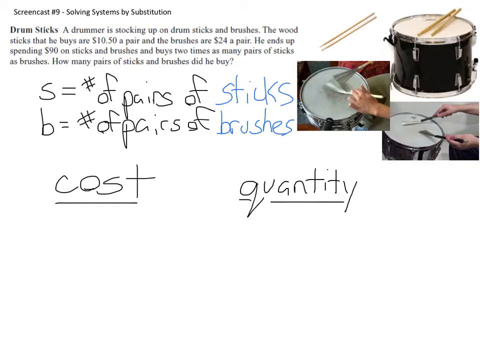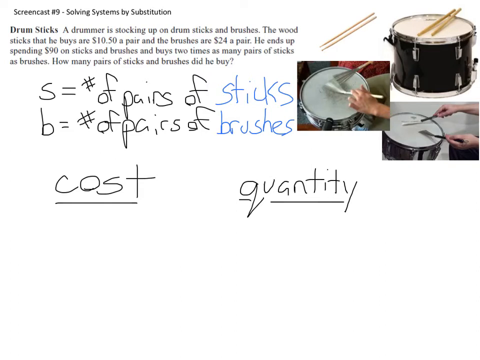So, using the logic that we have been honing and practicing and working with single linear equations, we can apply it here. We know that it's $10.50 for a pair of sticks. So therefore, if he bought 1 pair of sticks, that's $10.50 times 1. If he bought 2 pairs of sticks, that's $10.50 times 2. 3 pairs of sticks, that's $10.50 times 3.